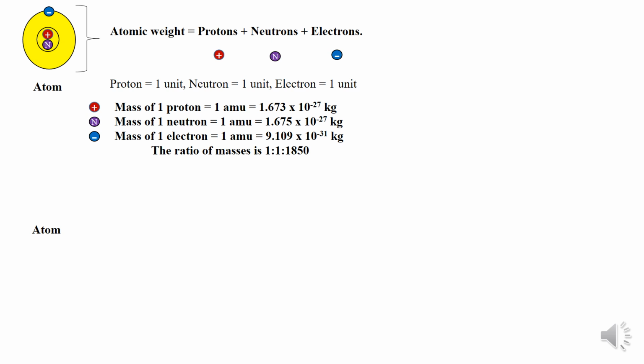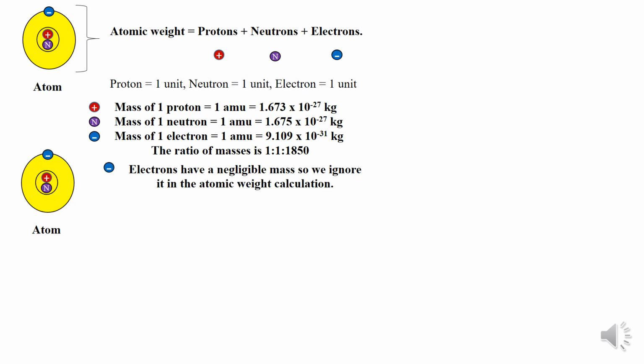So, atomic weight will be the sum of protons, neutrons and electrons. But as we see from the values, the electrons have a negligible mass, so we kind of ignore it in the atomic weight calculation.